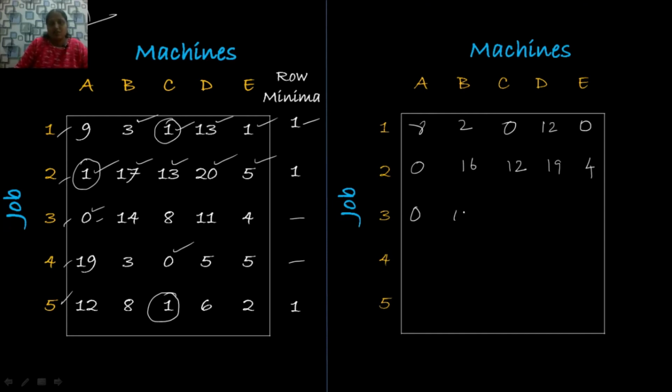So 0, 14, 8, 11, 4. Likewise, write down the fourth row element also as it is, 19, 3, 0, 5, 5. And we have to subtract 1 from last row elements. 12 minus 1, 11, 8 minus 1, 7, 1 minus 1, 0, 6 minus 1, 5, 2 minus 1, 1.